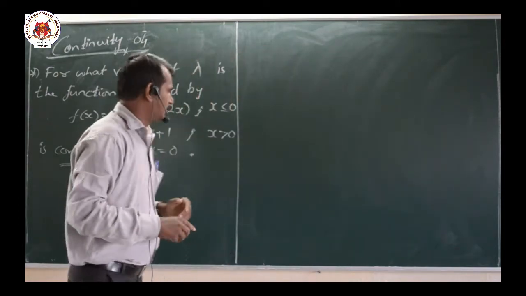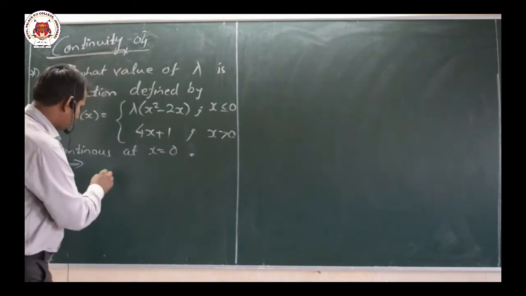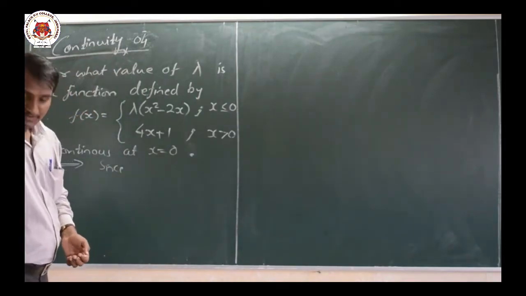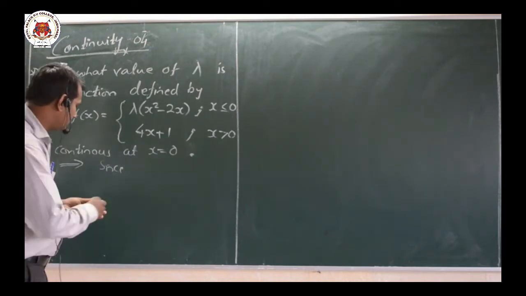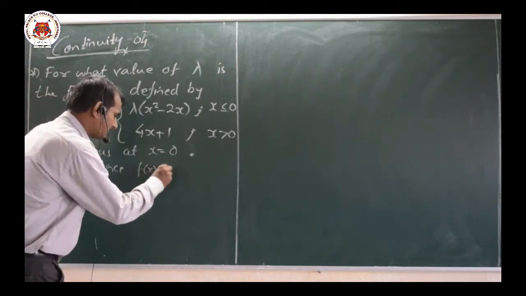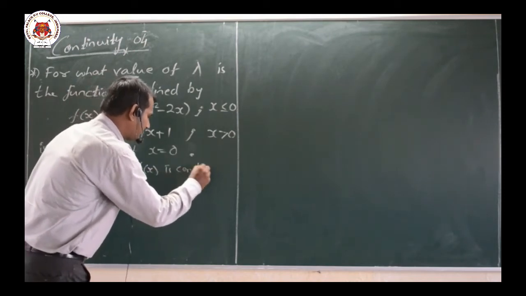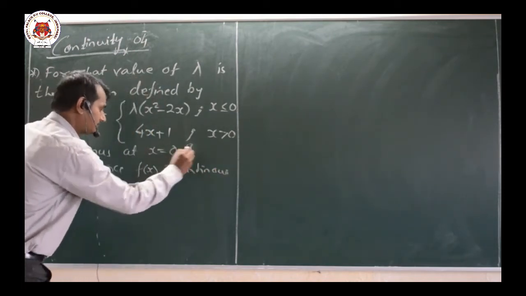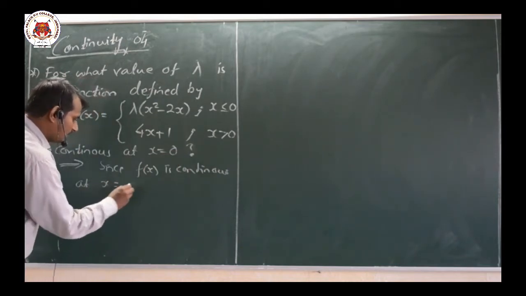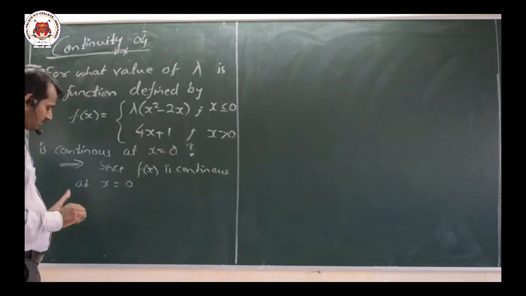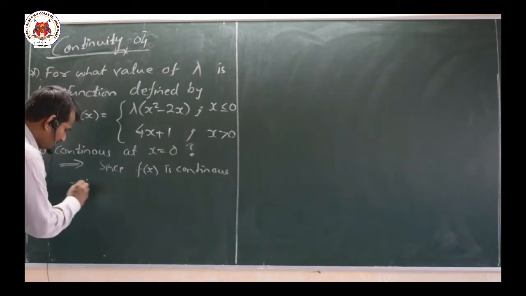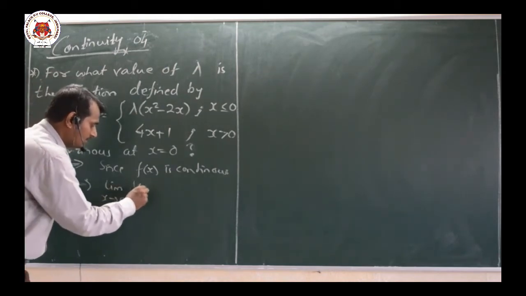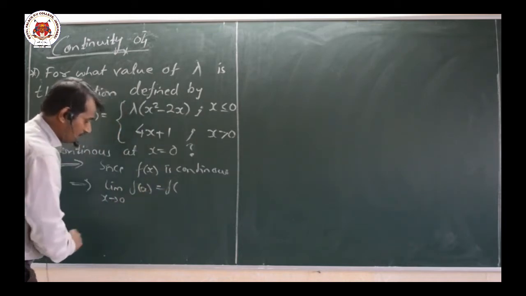Let us solve it. Since f of x is continuous at x equal to 0, we apply the limit formula, that is, limit as x tends to 0 of f of x equals f of 0.